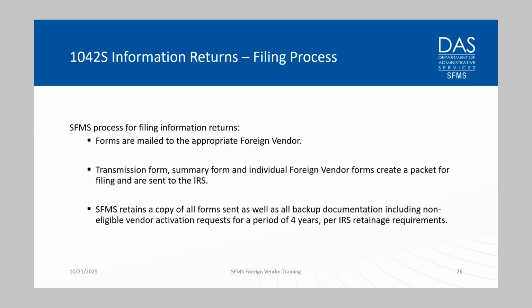But even if we had 10 and needed to do this electronically, it would still be the same manual process to produce, because these foreign vendors are not currently automated in any way, shape, or form. We activate, we inactivate, we do everything manually.